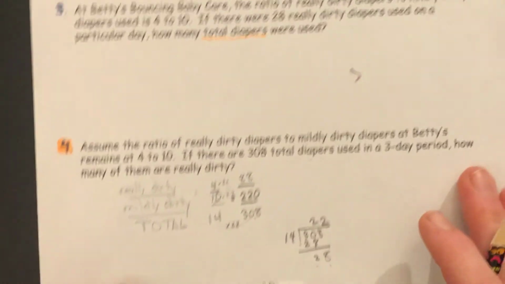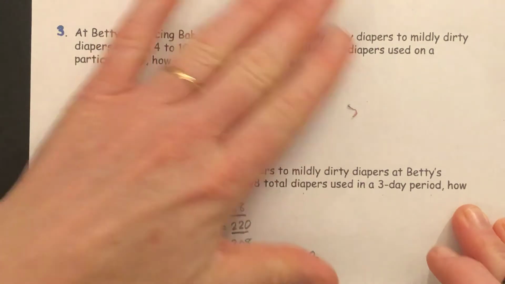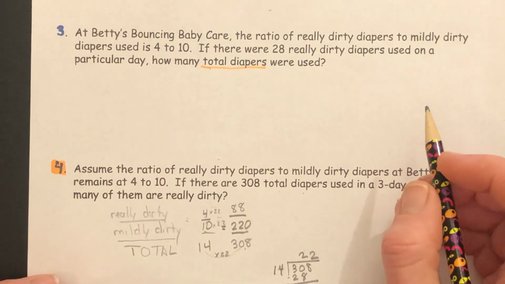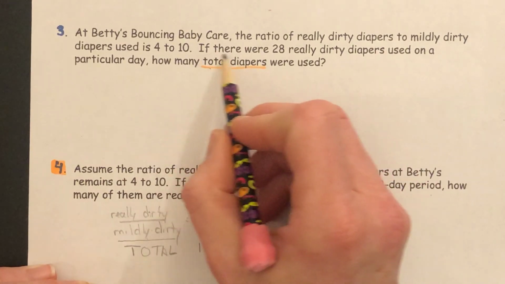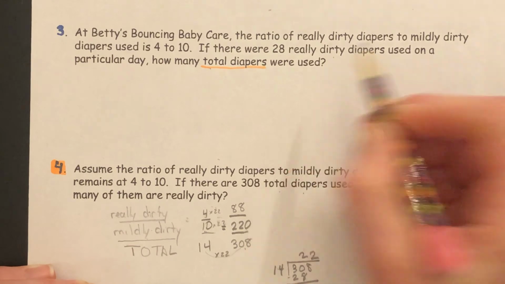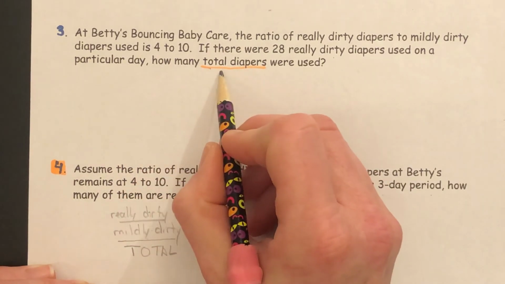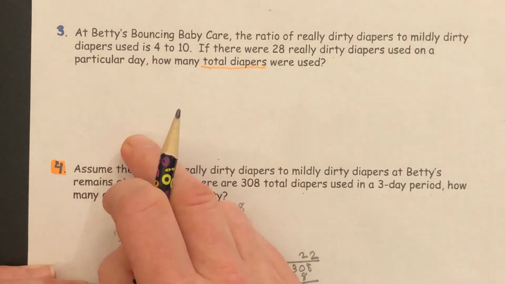Number 3 is also really dirty diapers to mildly dirty diapers, but this is just a 1-day period. So you have the same ratio, and it tells you there were 28 really dirty diapers used. Then it asks how many total diapers were used. So you set up your ratio.